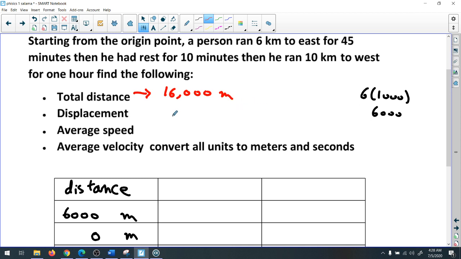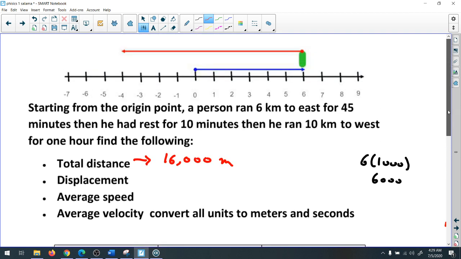Okay. Now, displacement. Displacement means the final position. Where is the final position? It's in here, which is 4 units from 0. Or you could add 6 kilometers plus 0 is 6, then minus 10 is negative 4 kilometers.